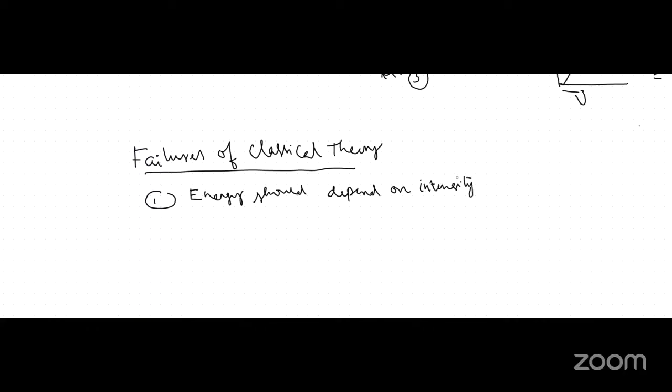That means energy should depend on intensity, so if the intensity value is higher, it should give the electrons more energy. If the intensity is more, the number of electrons coming out, that is photoelectrons, should be more.